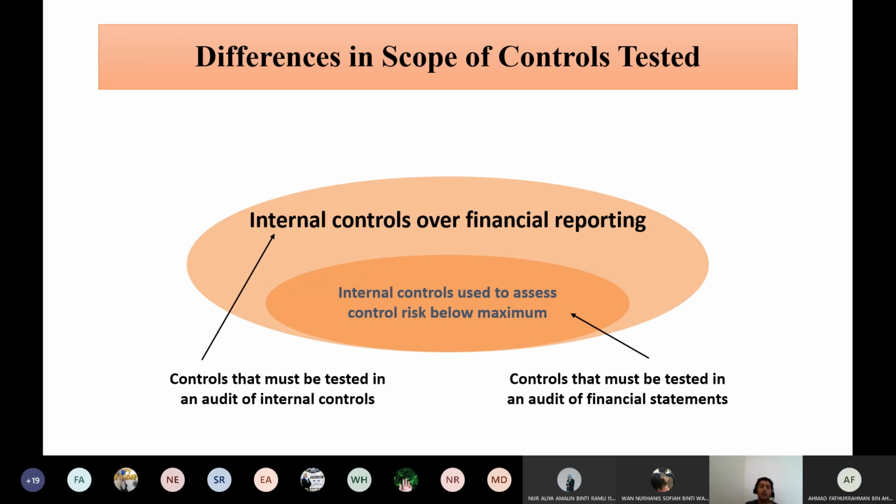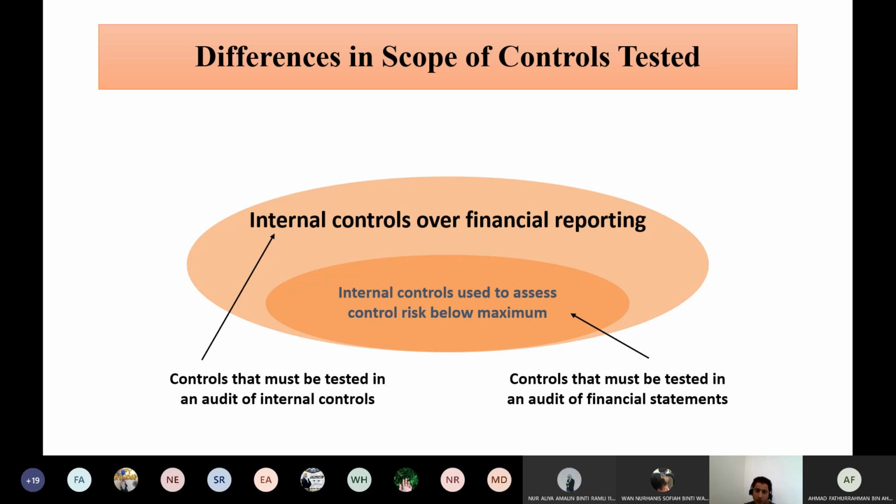Lastly, this figure shows internal control over financial reporting in the large oval.